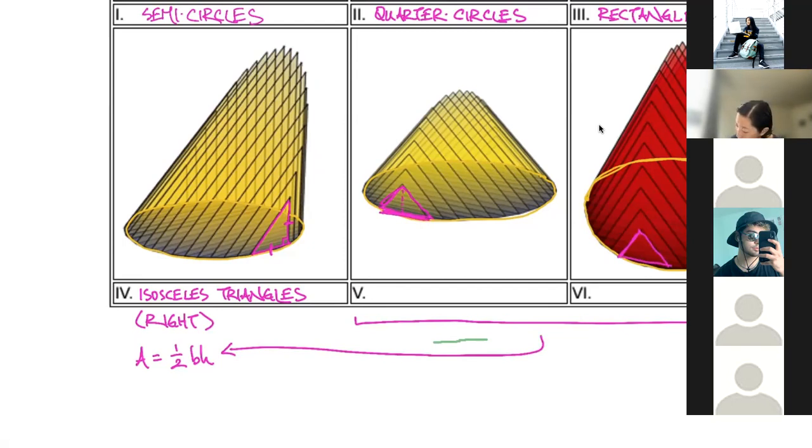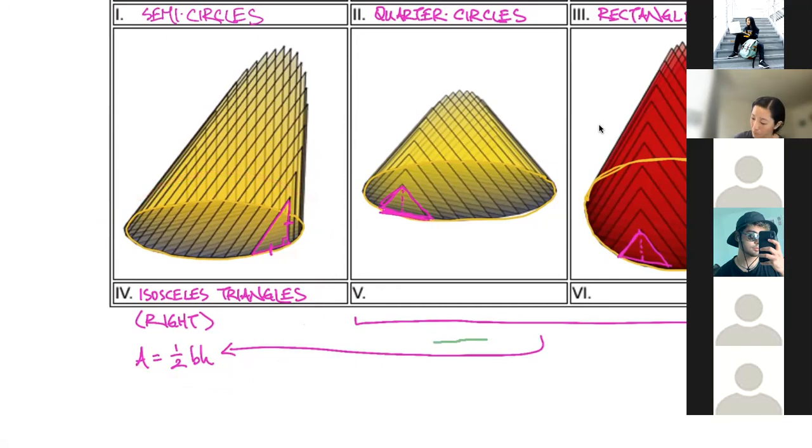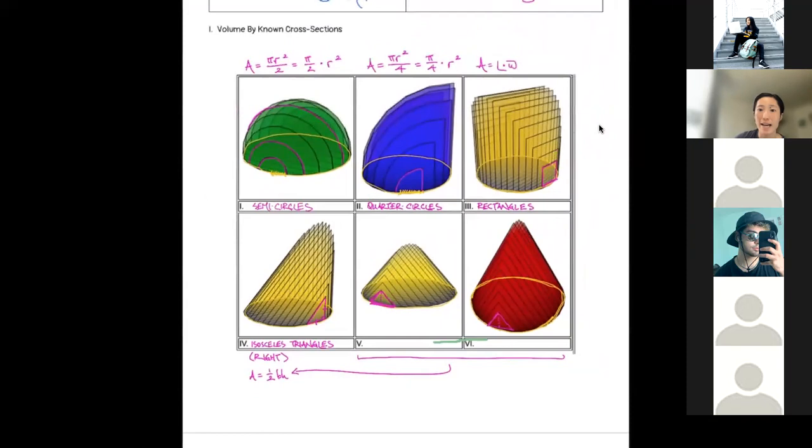So we want to make sure that we know how to find that height of the triangle, because it's a little different than the isosceles right triangle case where we're given that height, okay? But today we are going to take a look at semicircles, quarter circles, rectangles, and triangles, and think about how we can find the volume of these shapes. Okay, so that's what we are about to do right now.